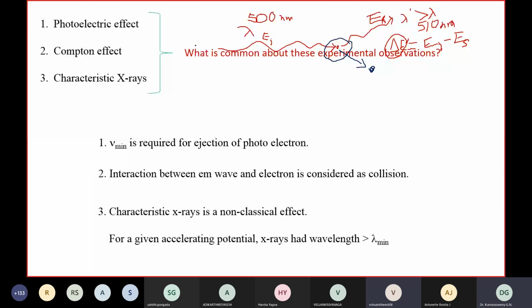Electrons are ejected from the surface of the metal.